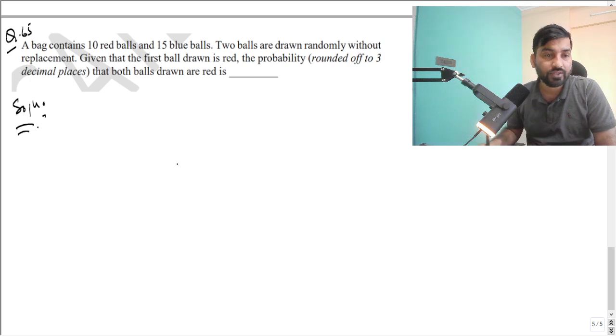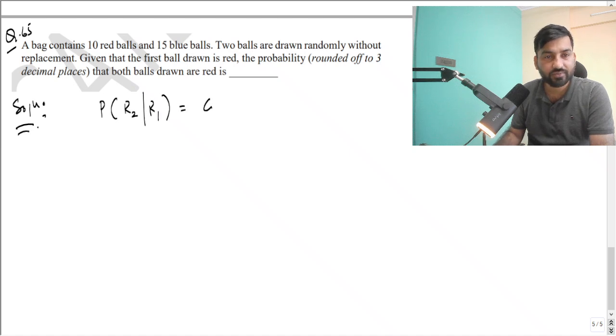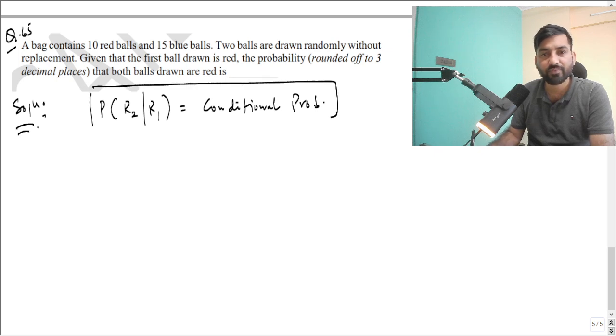They are asking you to find the probability that the second ball is red also, given that the first ball is red, and this is nothing but conditional probability. It is not ordinary probability. Remember that.